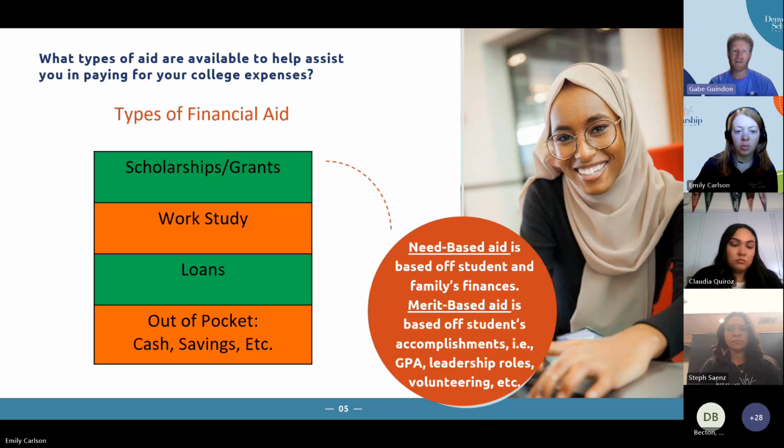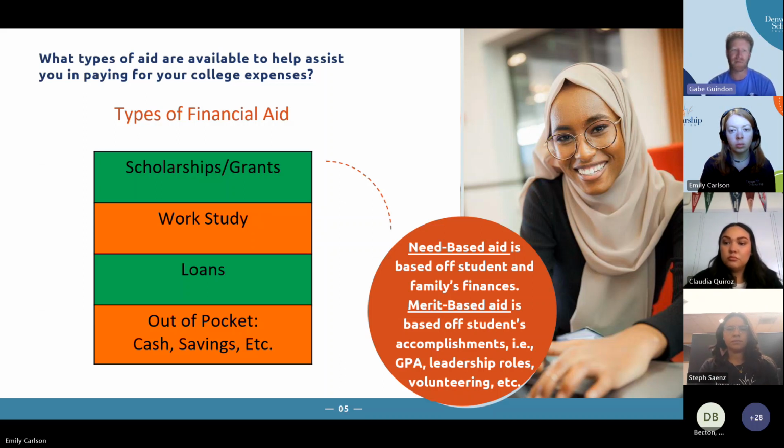And with scholarships especially and grants, they are going to be both need-based opportunities and merit-based opportunities. Need-based grants are going to be provided to students when they demonstrate financial need through submission of the financial aid applications that they're completing.